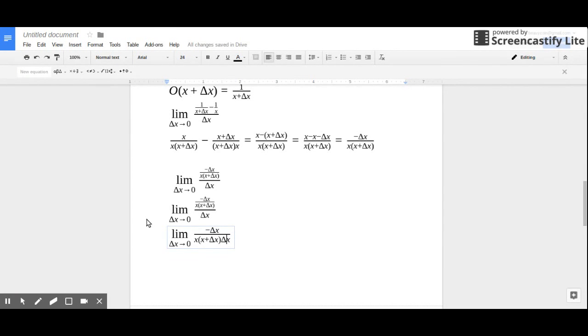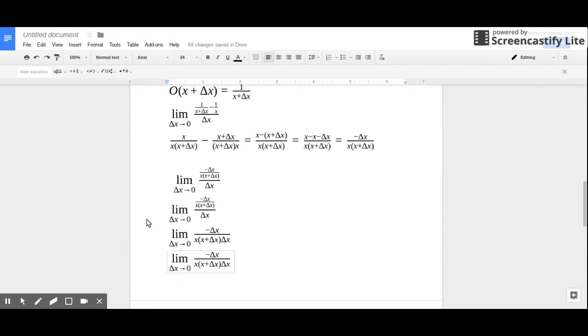Okay. So you can see that these delta x's are going to cancel out, but we are still going to be left with, if you can imagine, this is really negative 1 times delta x up here. And so we're going to be left with a negative 1 in the numerator. All right, in the numerator. So let me just go ahead and copy paste all that.